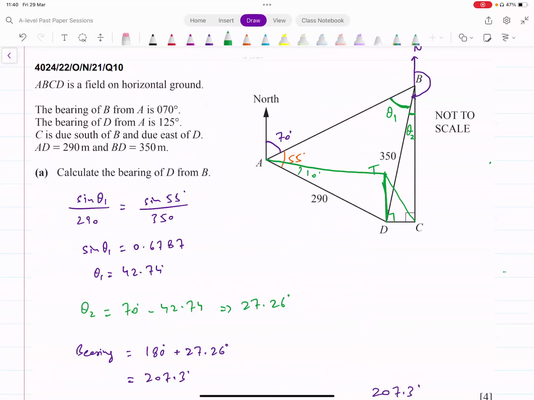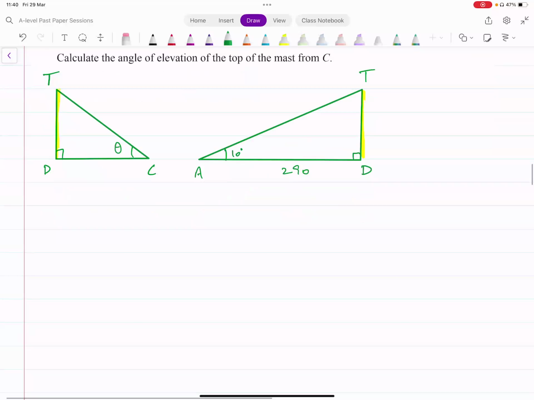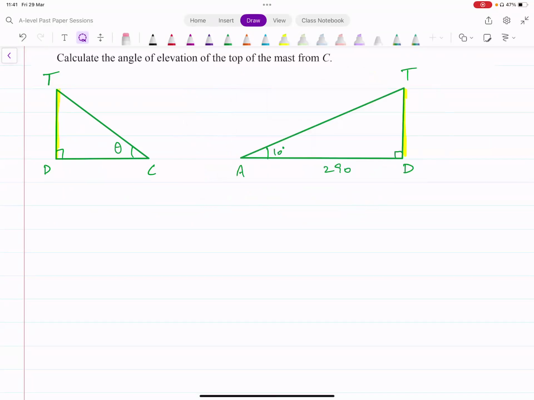We don't. Let me actually think about it. CD length is not known, but we could find that. Let's come back to that in a moment. This is the information that we have. Let's find DT first of all. Let's use this information to find the length DT and see what that gives us. So what ratio can we use? This is perpendicular. This is base. Base and perpendicular, what's the ratio? Tan.